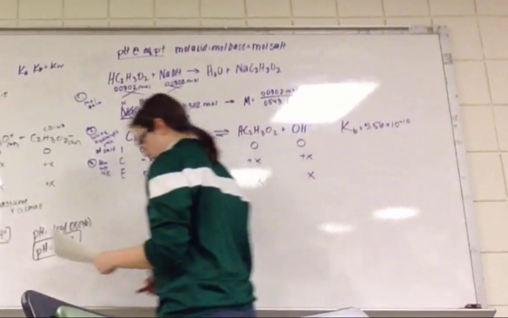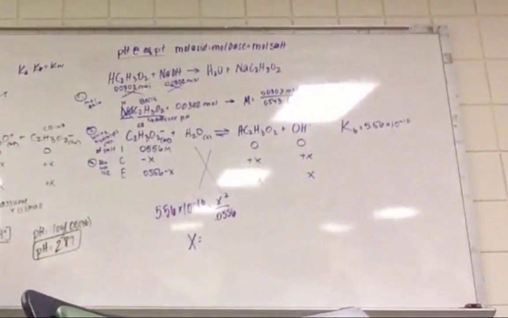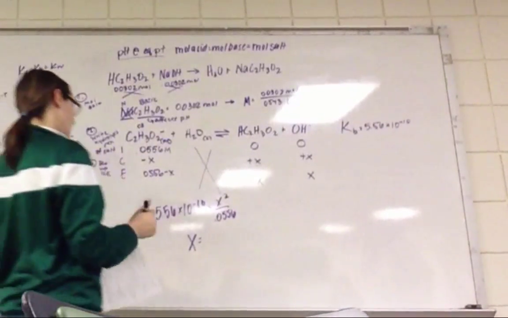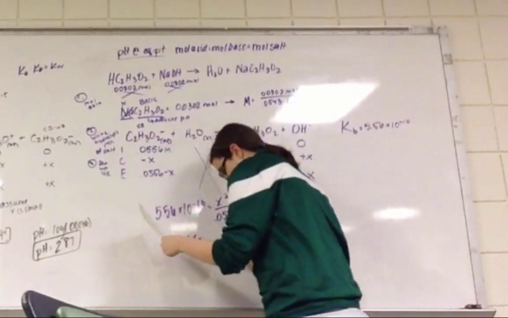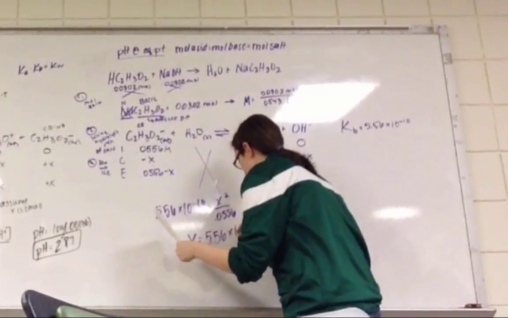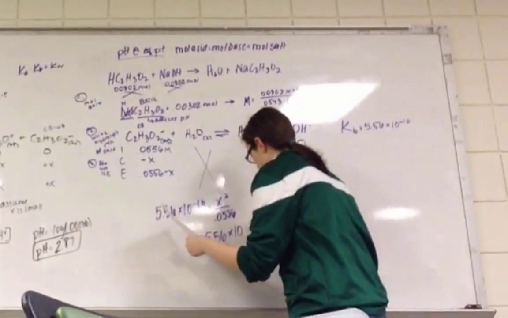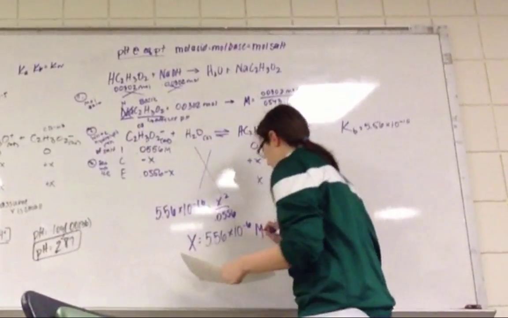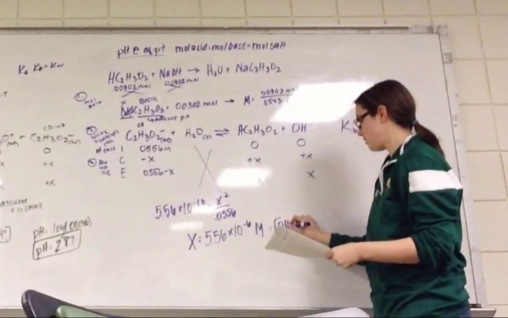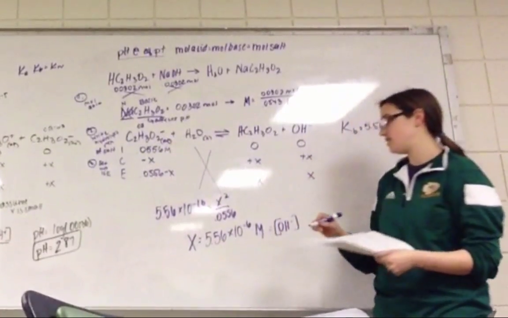When we solve for x, what does x represent? OH minus. So I got 5.56 times 10 to the negative 6, and that is OH minus.